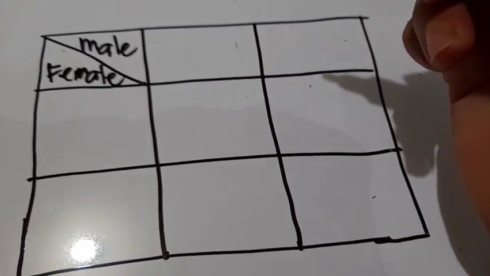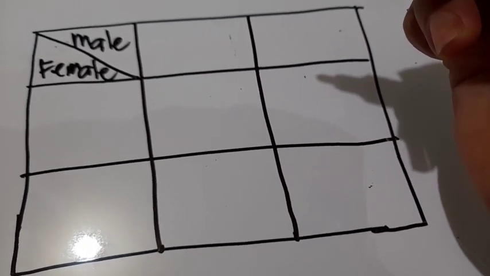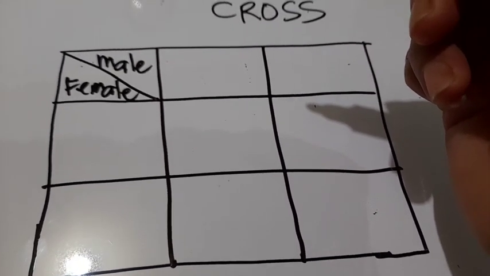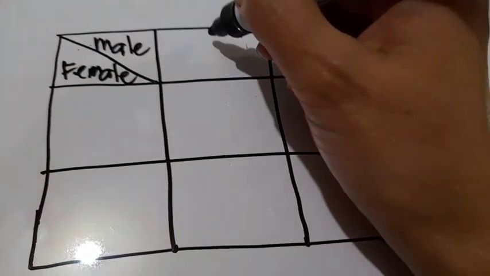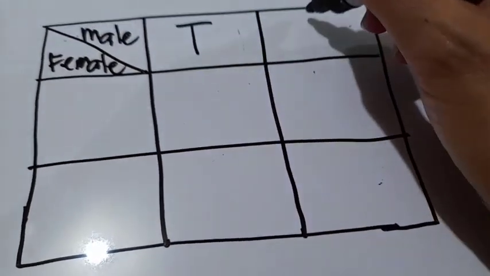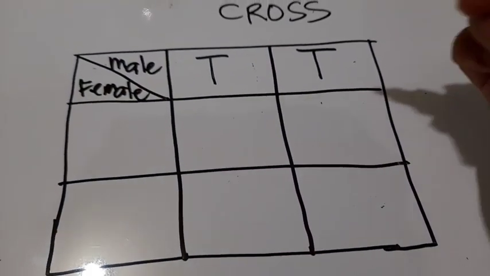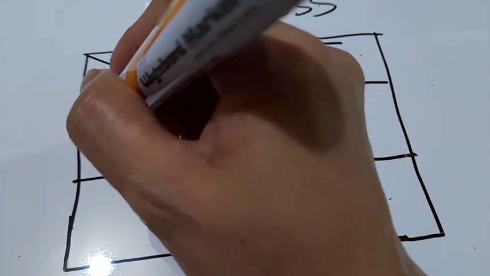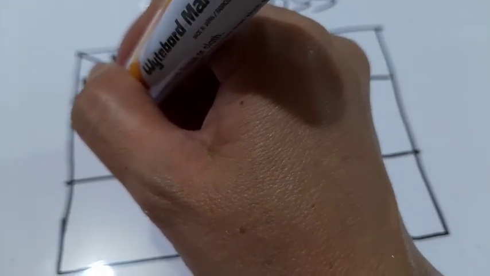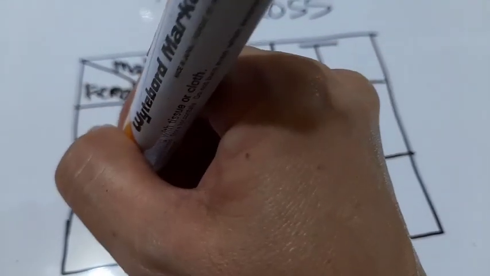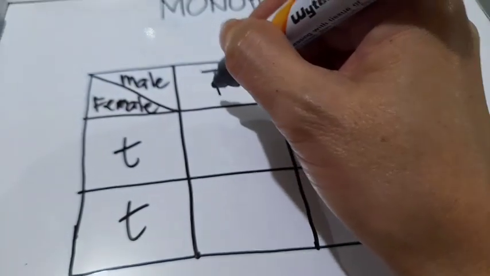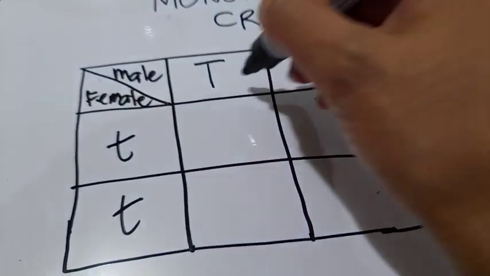So what will be the phenotype and the genotype of the offspring if we cross a homozygous tall parent? So the male parent is homozygous tall, and the female parent or female plant is homozygous short. For homozygous tall, which is dominant, we are using the capital letter T, while the homozygous short, we are using the small t.